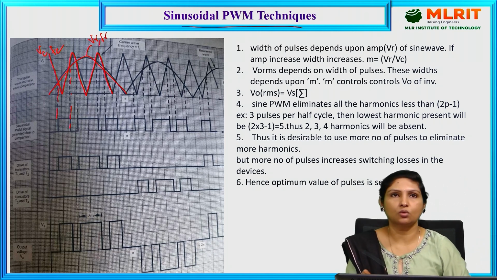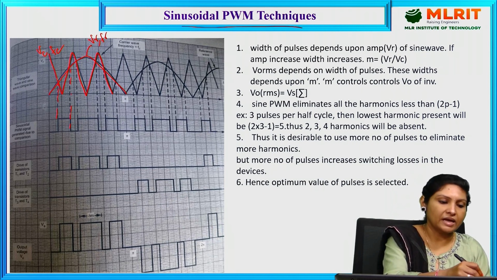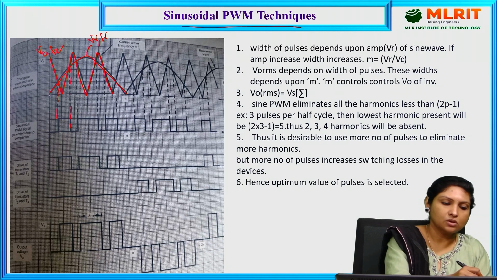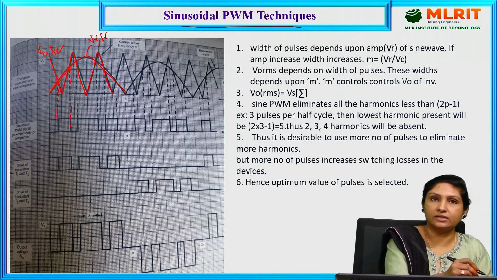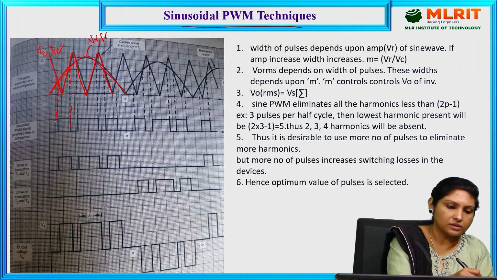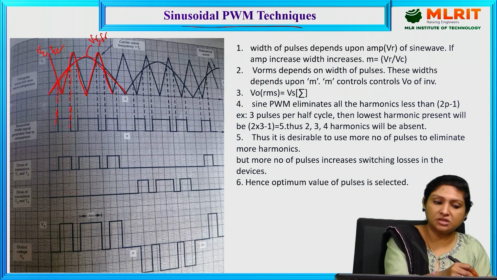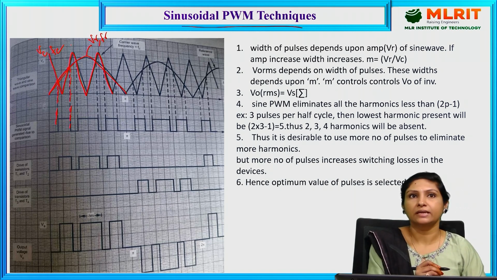Now, whenever the carrier wave is compared with the sinusoidal wave, when the sinusoidal wave strikes the carrier wave at these two points, let us draw a line over here, as well as another line where the sinusoidal strikes the carrier wave.